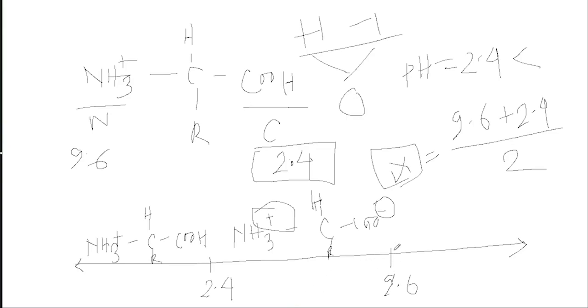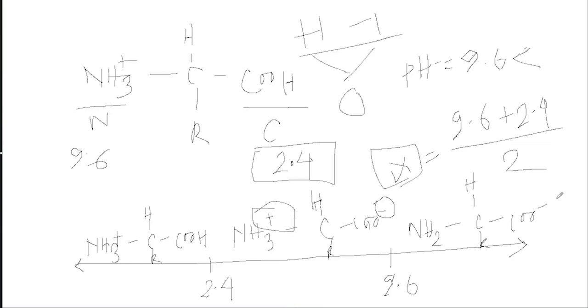And anything above 9.6, so let's say the solution that we put this amino acid in now has a pH of 9.6 or greater. That's when the amino group of the amino acid loses its hydrogen as well. So it becomes NH2 without any charge, carbon, hydrogen, the side chain, and the carboxylate group.